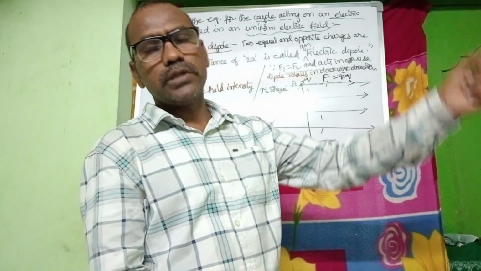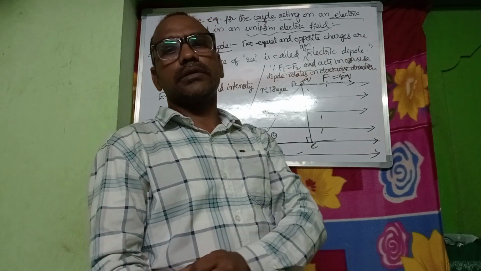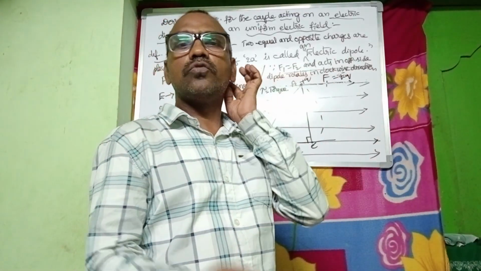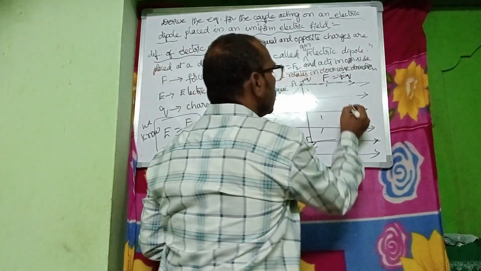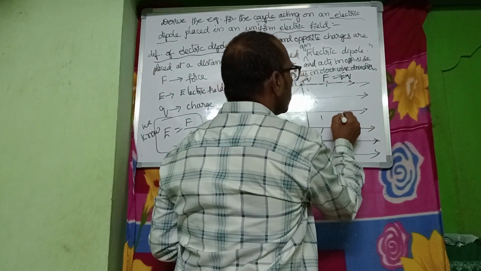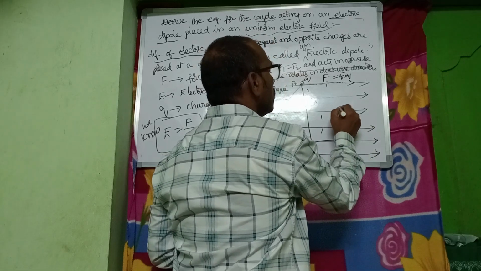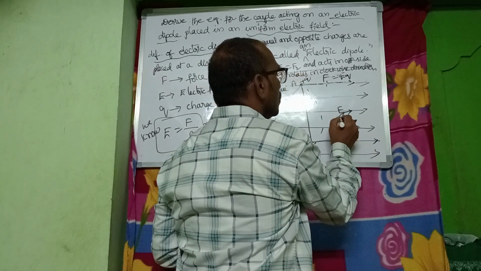One is in downward direction, the other force is applied in upward direction. Let it be, this force acts here, and this force acts here. So two forces are acting. This is a force. This is also a force.